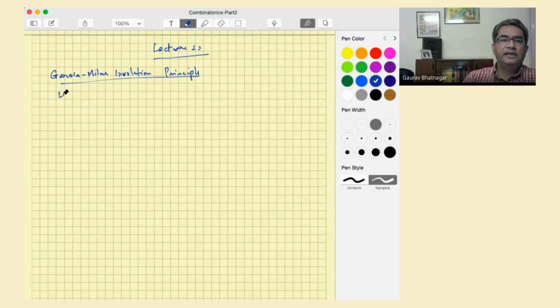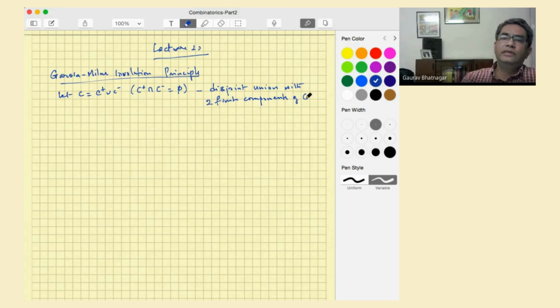So this states that let C be C plus union C minus, where C plus intersection C minus is empty. This is a disjoint union with two finite components of C, some set.